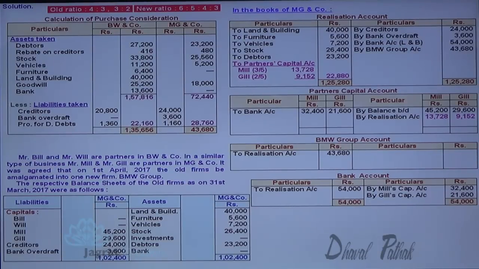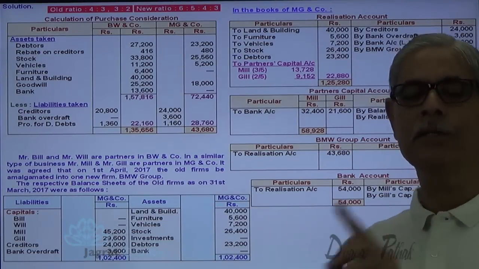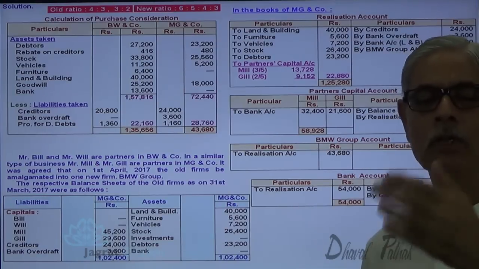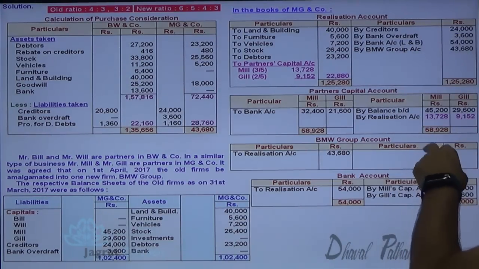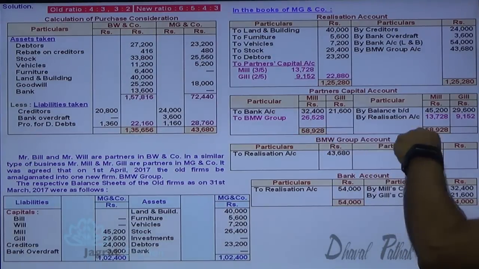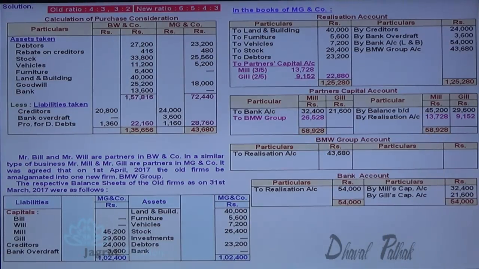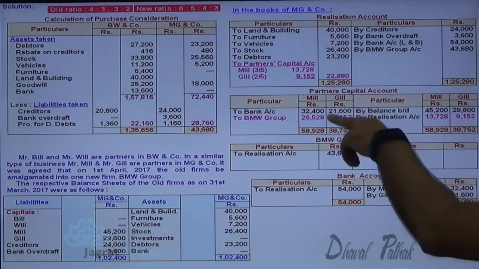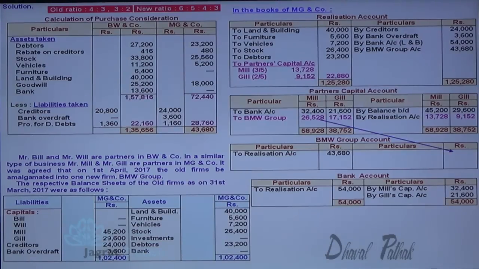Now these partners capital accounts are closed and transferred to the BMW group account. Why? Because these two partners are going to be the partner in the new firm. So their capital contribution in the new firm is equal to 26,528 for Meal, and same way the capital contribution of Gill is 17,152.